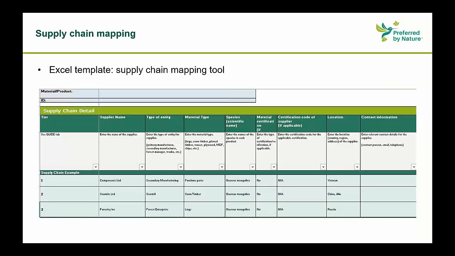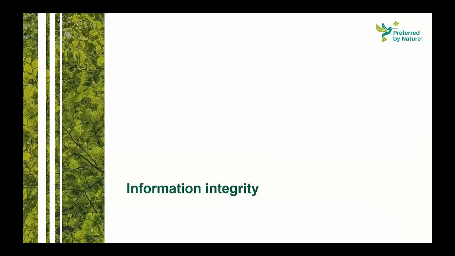We have a supply chain mapping tool which is freely available for everyone. So it's basically just an Excel template that you can twist and adjust according to your needs. And I know there are also IT tools which are dedicated to supply chain mapping. So really there's no one way to do that, but you'll have to find the best for you, what suits you best and suits your needs.